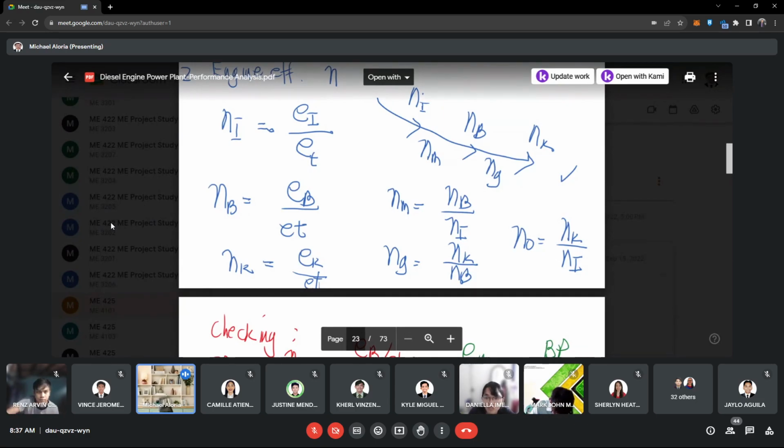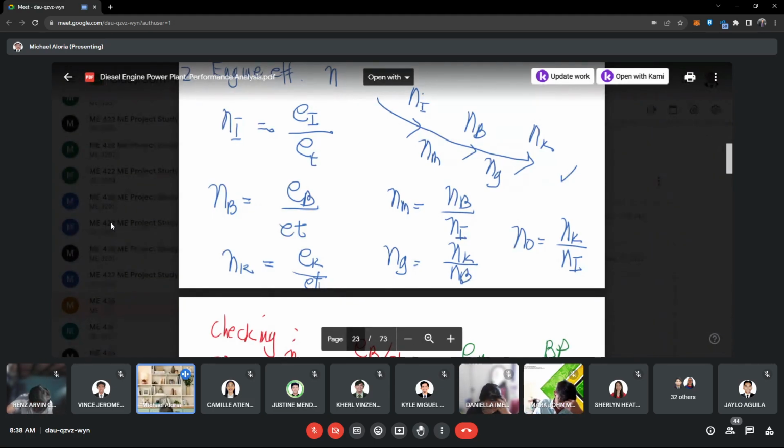Kung naiintindihan ninyo yung ating pinag-usapan. Renz Arvin, ikaw yung magpe-present. Sige, go. Wait lang po, sir. I-picture ko lang po. Ibalik mo yung equation na yan into brake power over indicated power.